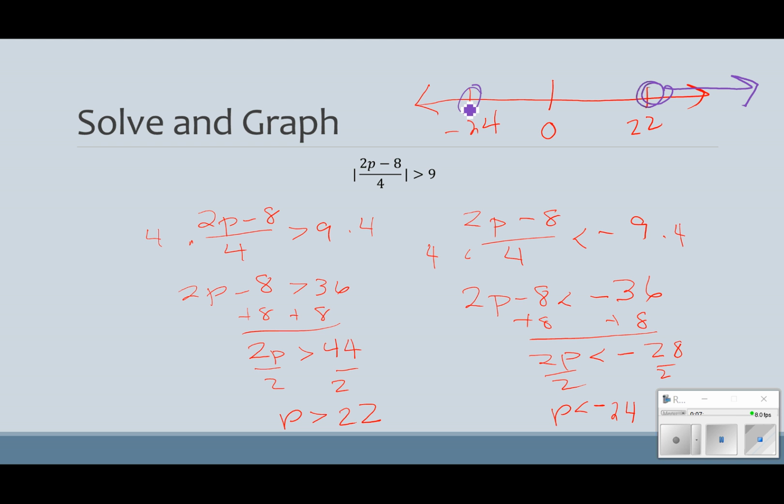It's less than negative 14, so my arrow is going to go to the left. So basically, we took our compound inequalities that we learned before, and we have switched them to absolute value, which is just another form of a compound inequality, and we've solved.